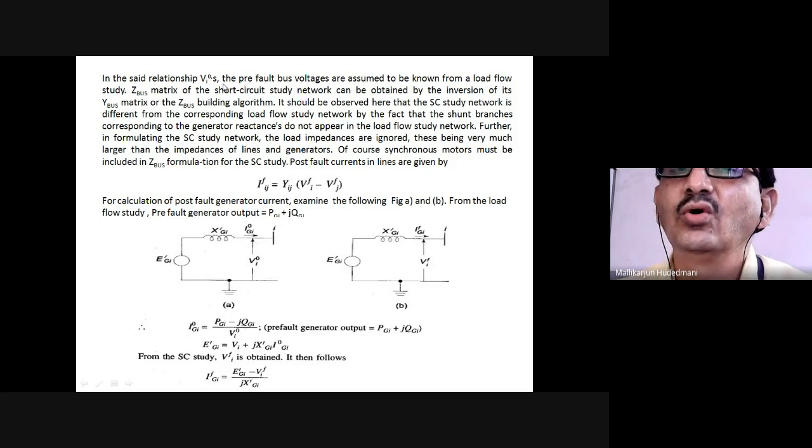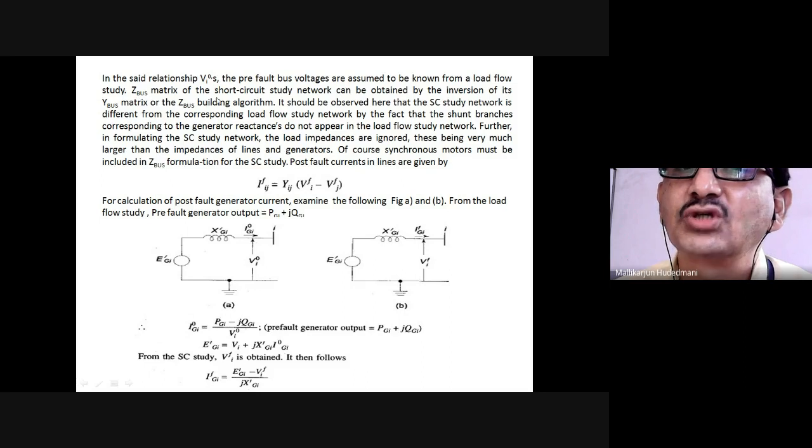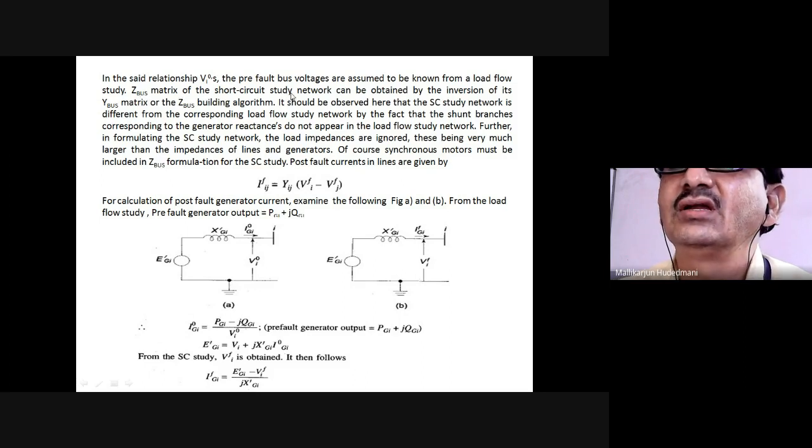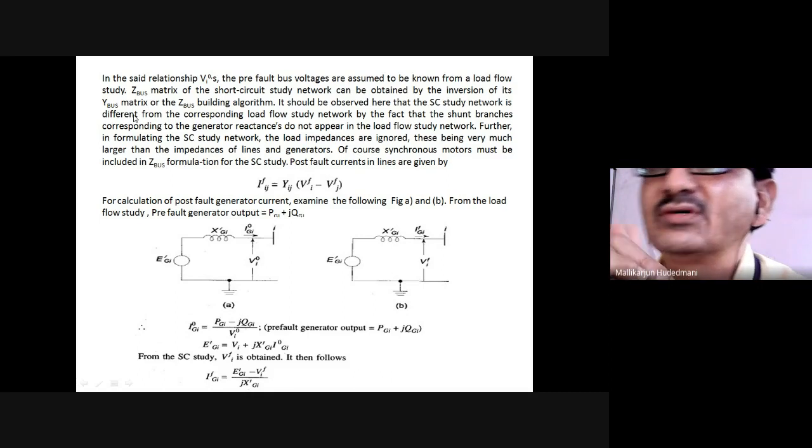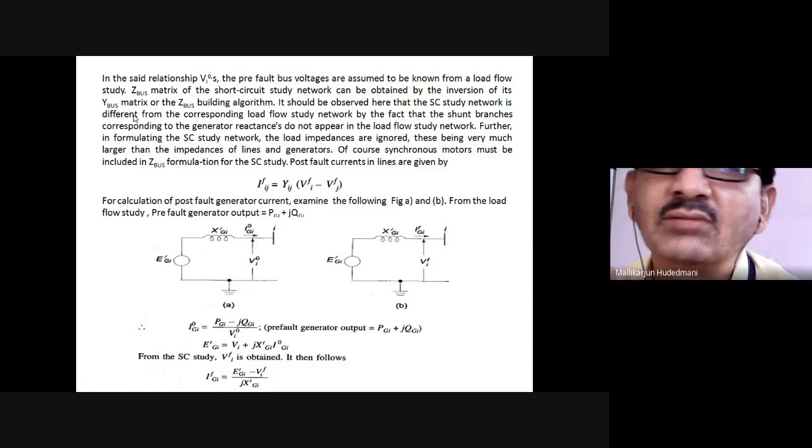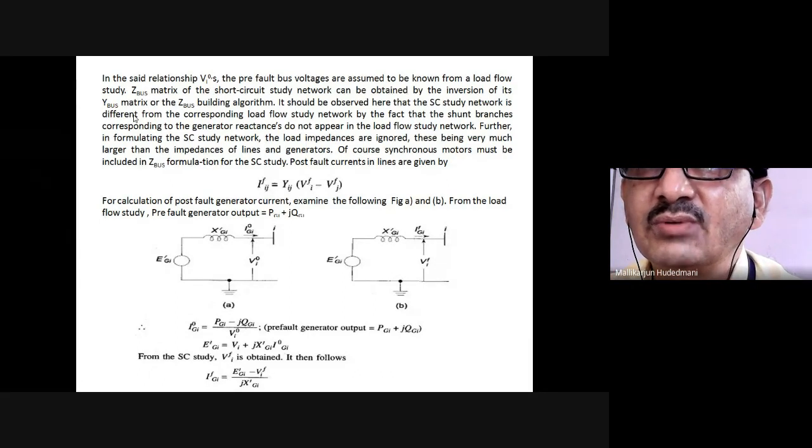So the V's are known. Then the Z bus matrix for the short circuit study needs to be obtained either by inversion of the existing Y bus. We know that inversion of Y bus is a singular transformation method. In the singular transformation method, one of the buses is considered as a reference and the total bus dimension becomes one less than the total count existing in the system.